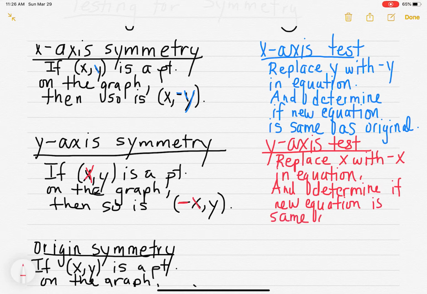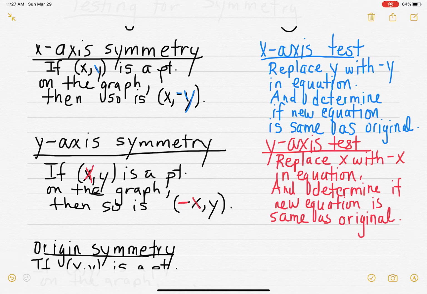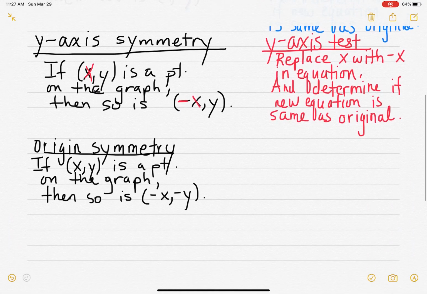That's the one with ordinary x. So if they are the same, then you have this kind of symmetry, right? It shouldn't matter whether you have x or negative x. So if the equations are different, when one has x in and one has negative x, then you don't have y-axis symmetry.